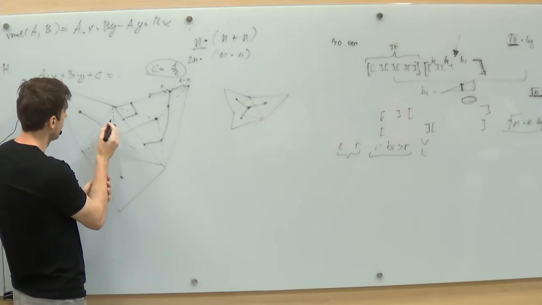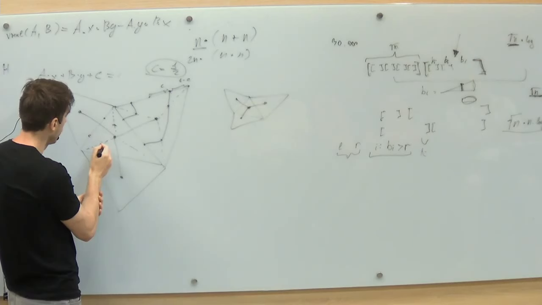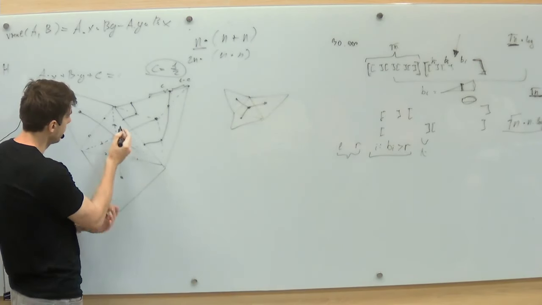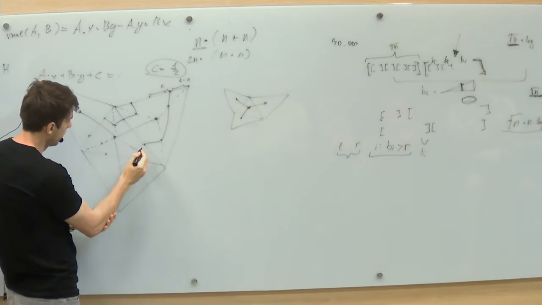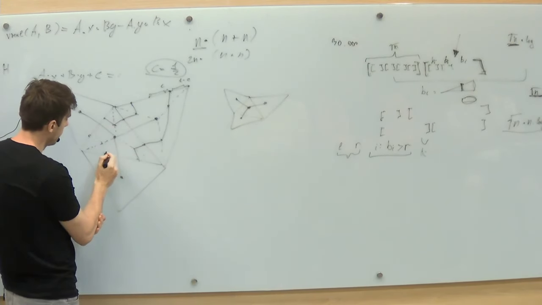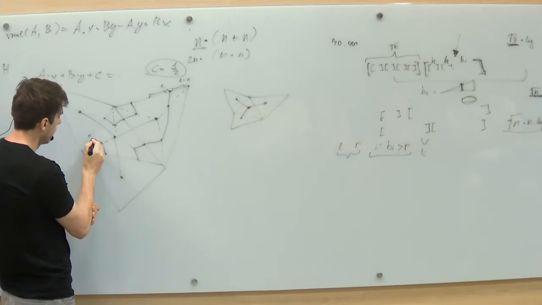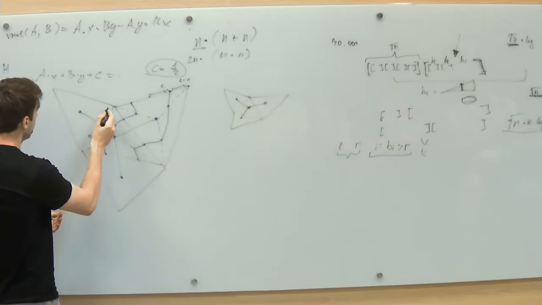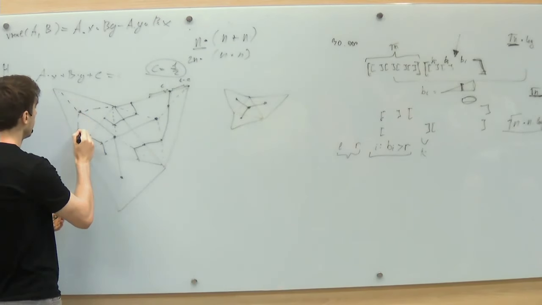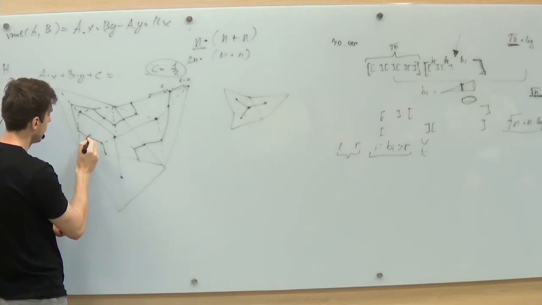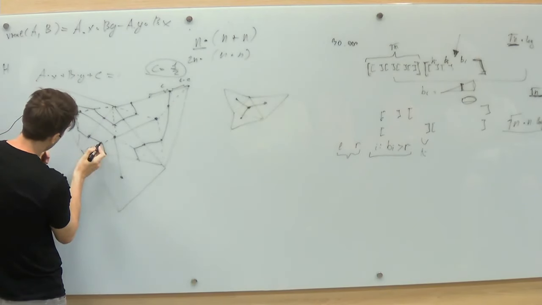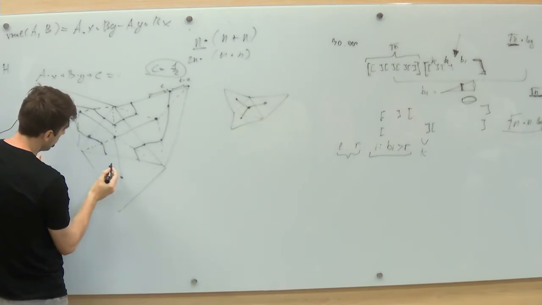We put points here, here, here, here, here, here, and we connect like that. For each of these, connect like this. And here it will be something like that.